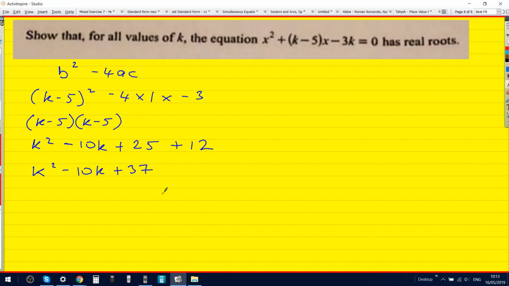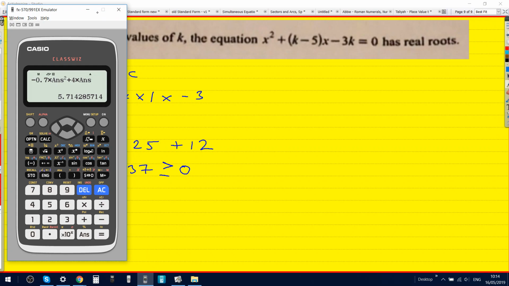And any idea what you do next? Is it factorizing? Well, making it equal to 0, or is it greater than 0? I think greater than or equal to 0, because it says it has real roots, but it could have the same root twice. So let's just say it's equal to 0, and we'll go from there.